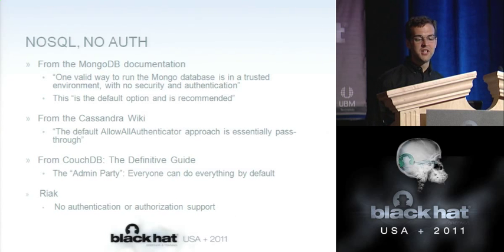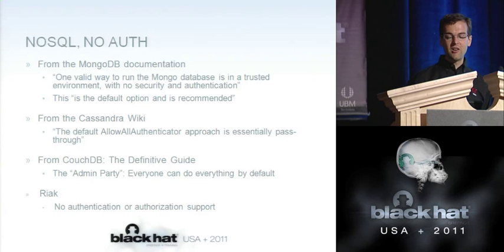So Mongo says, hey, one valid way to run Mongo is in a trusted environment with no security and authentication. So trusted basically means you trust the people who use it, which, yeah, that's a little scary. Cassandra says, the default allow authenticator approach is essentially pass-through. Couch says, the admin party is the default. Everyone can do everything by default. And Riak has absolutely no auth whatsoever.